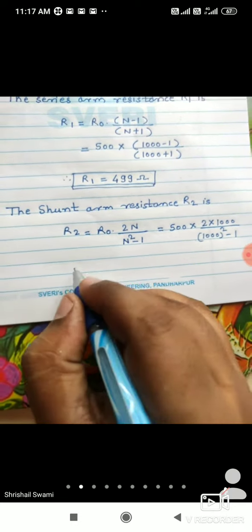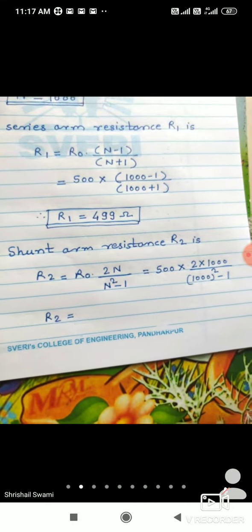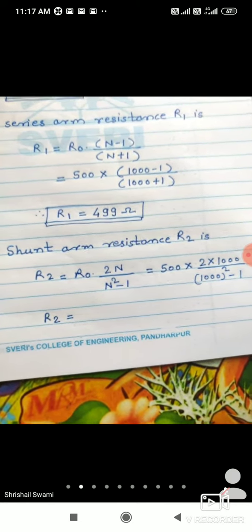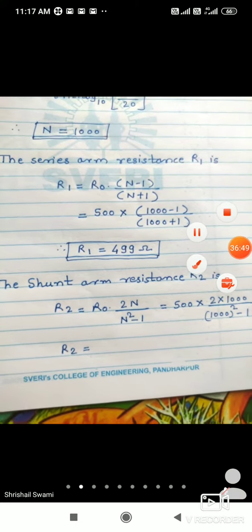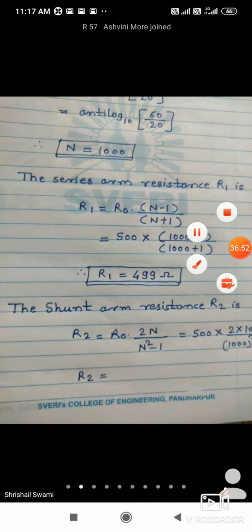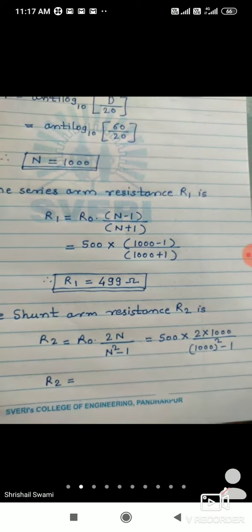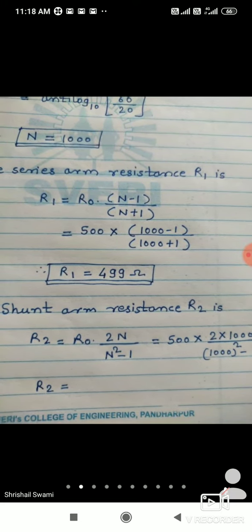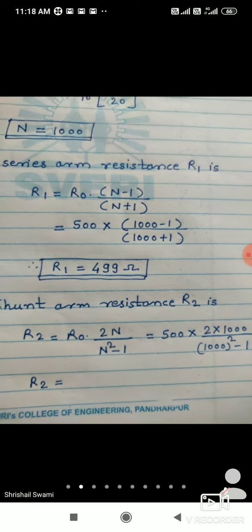Use calculator and tell the answer of R2. It is a very low value. 500 into 2 means 1000. 1000 into 1000 divided by 1000 square minus 1, so it is nearly 1.